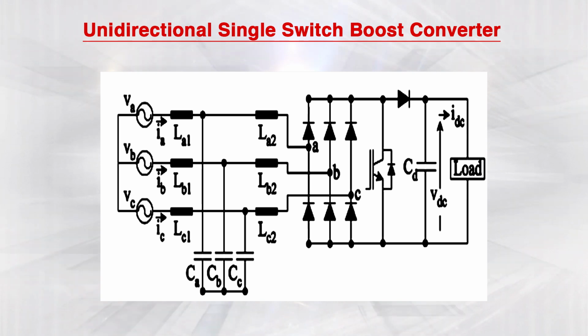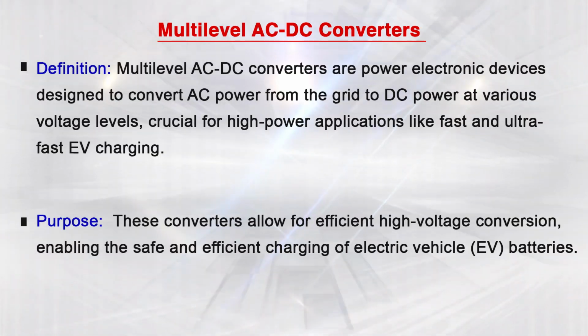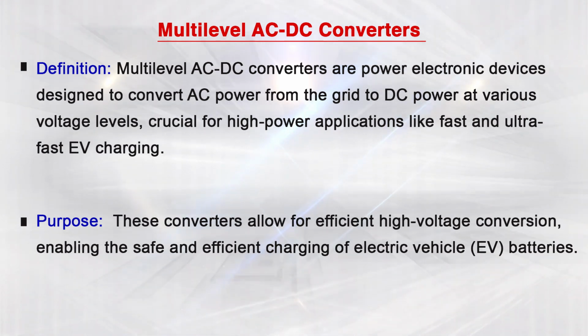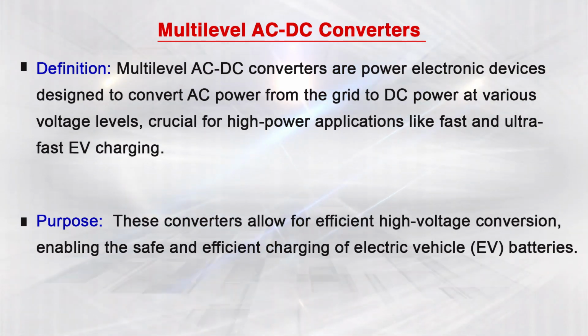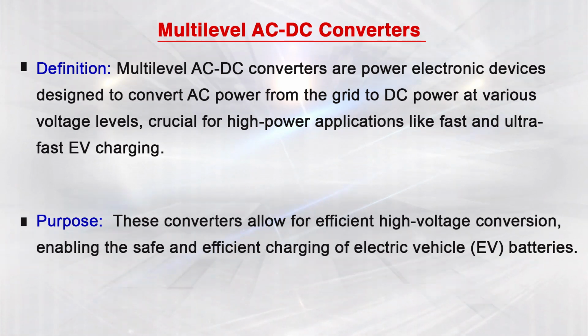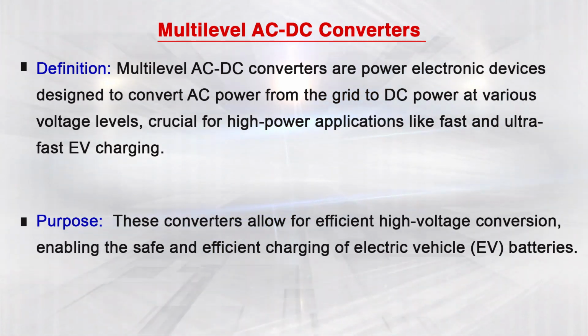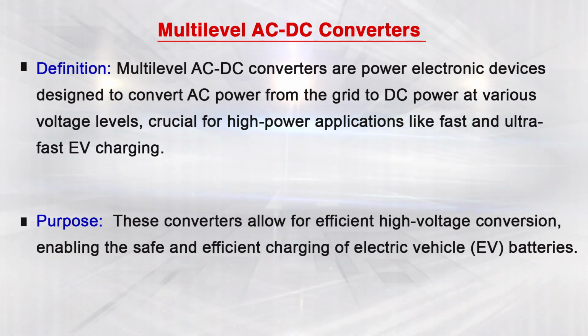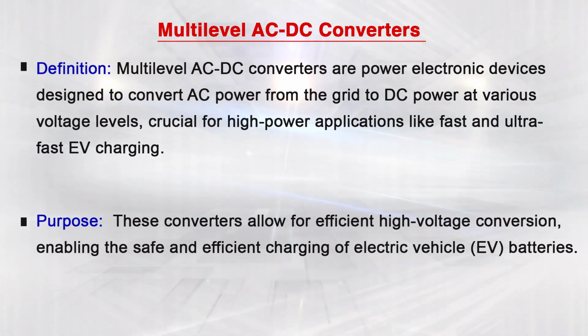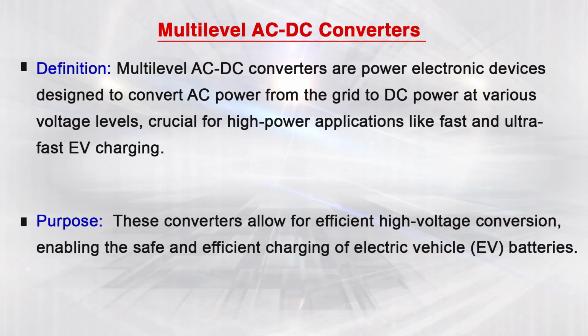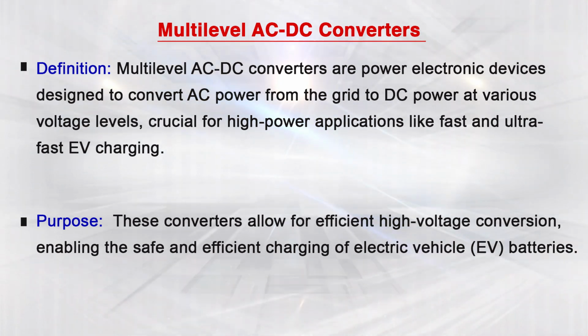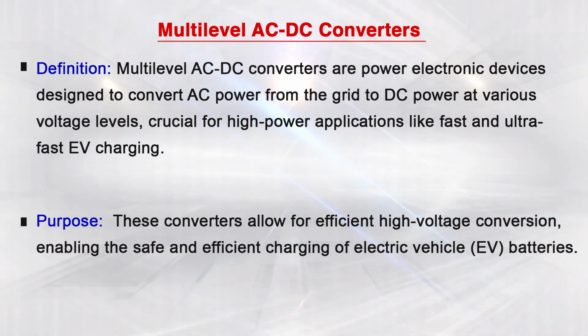Multi-level converters can be classified in this fashion: NPC, flying capacitor, hybrid converter, and cascaded, where we may have H-bridges connected in a cascaded manner, and we can get multi-level waveforms, multi-pulse and multi-level. The last classification is modular multi-level converters.